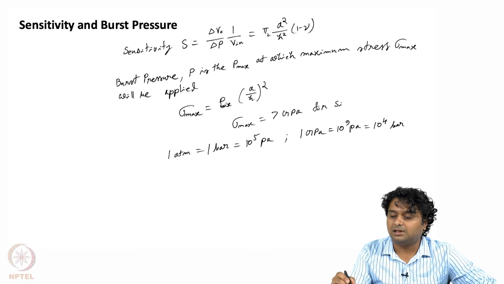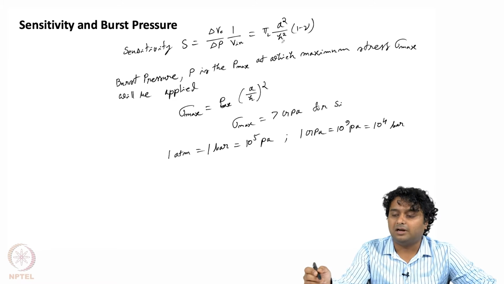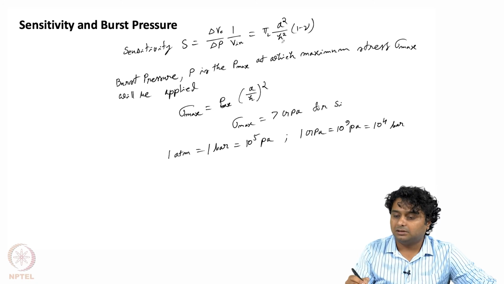So, the burst pressure will also decrease, right. So, it is kind of a trade off we need to do, like what is the maximum we can make it thin so that we have a significant amount of sensitivity and without making the membrane get damaged, right.